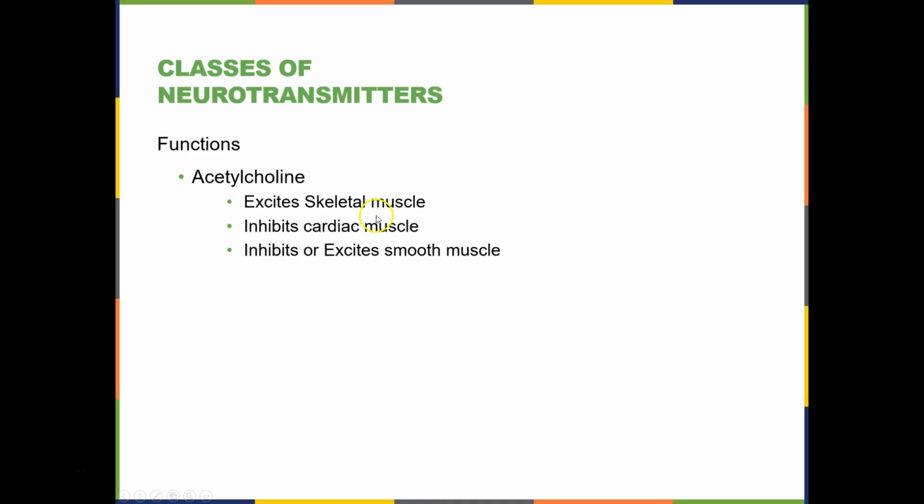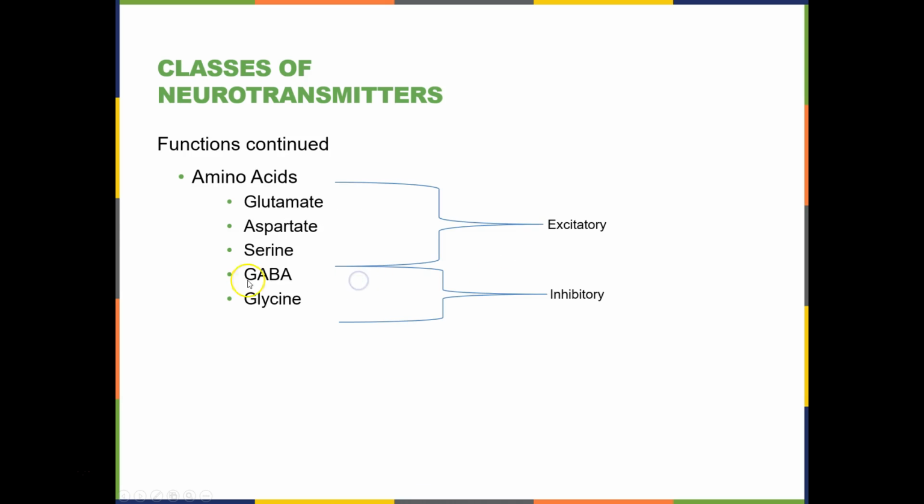Acetylcholine functions in excitatory activities for skeletal muscle, but it actually has inhibitory activities on cardiac muscle and can be either excitatory or inhibitory to smooth muscle. We have amino acids, so glutamate, aspartate, and serine tend to be more excitatory amino acids, whereas GABA and glycine tend to be inhibitory.